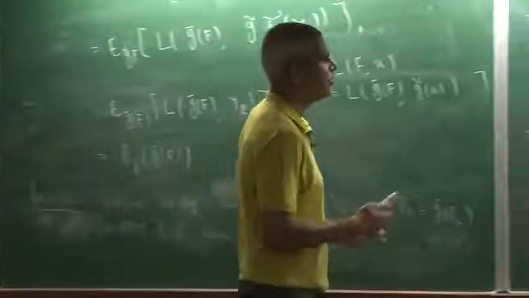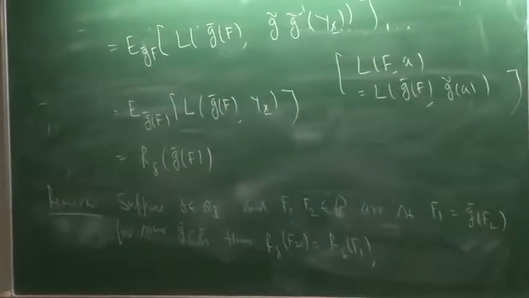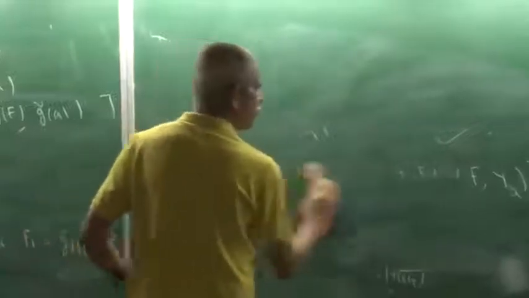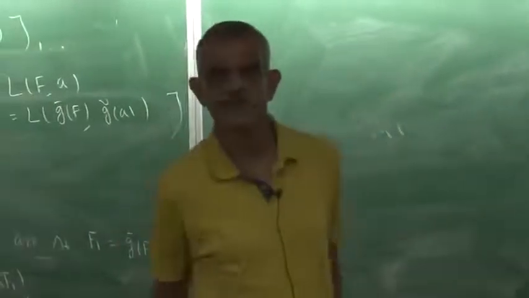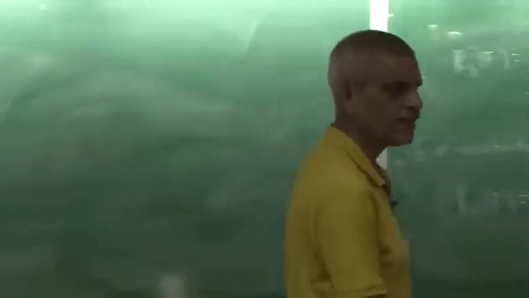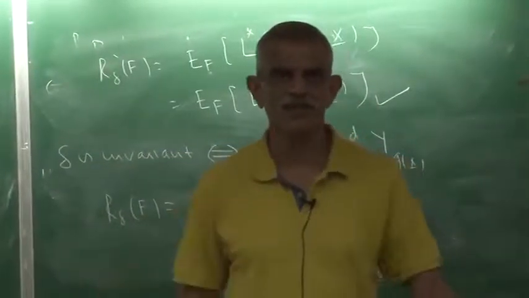Now this has a very important consequence, which says that if your family of distributions P is such that any two distributions in P are related through some g bar, then the risk function would always be constant.